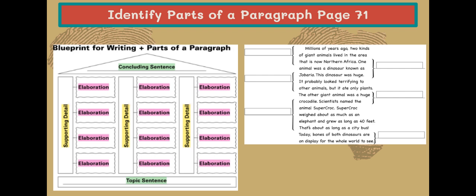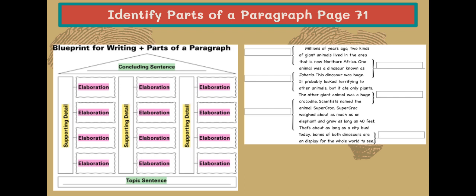I am going to read through the sentences, and you're going to tell me what color the sentences should be highlighted. You're also going to tell me why you chose the sentence to be highlighted that way. Millions of years ago, two kinds of giant animals lived in the area that is now northern Africa.